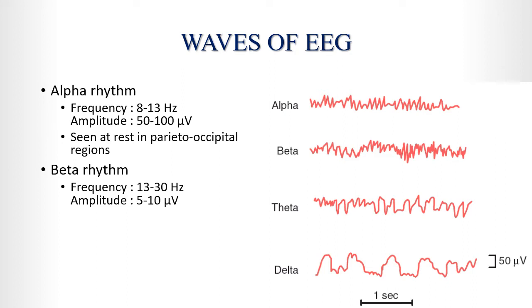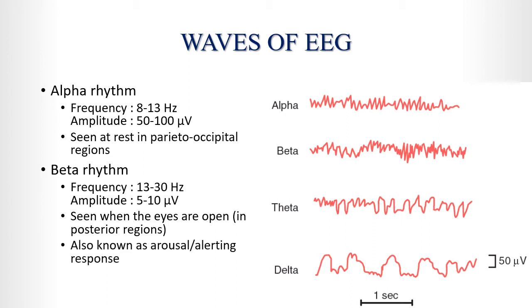So frequency and amplitude vary very widely in beta rhythm. It is seen mostly in the posterior region when the person is awake with eyes open, doing some activities. That's why it is also known as arousal or alerting response.